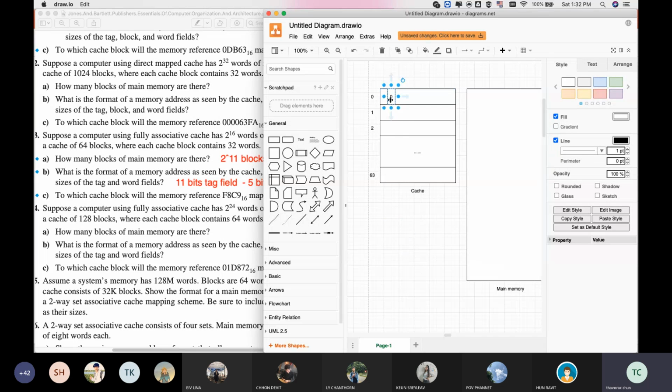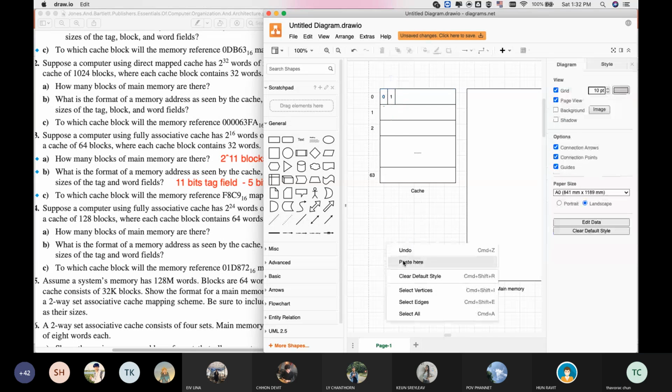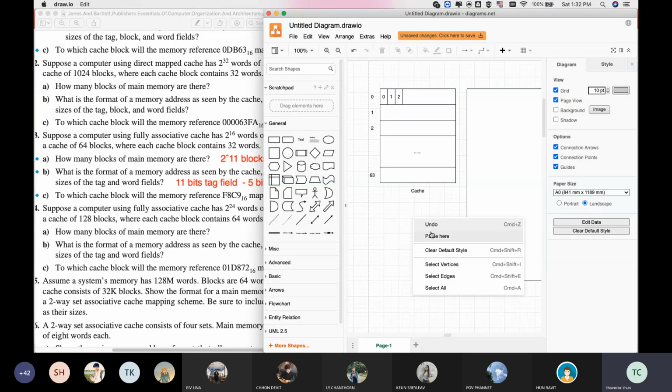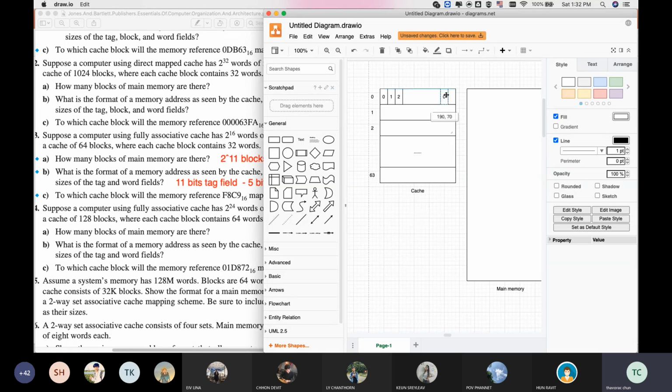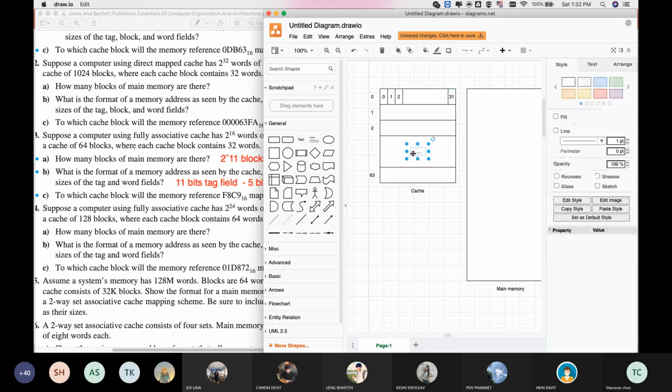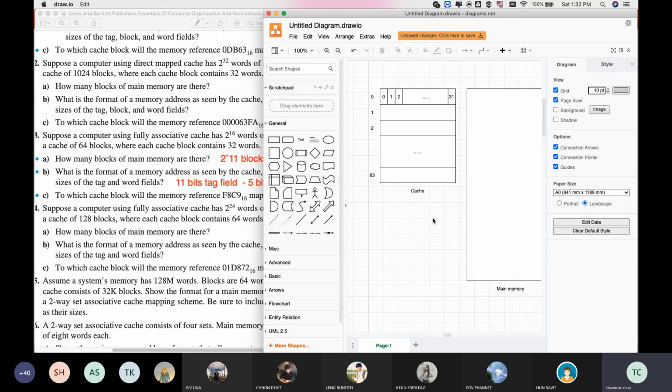Here is word number 1. Here is word number 2. And here is word number 31. Okay. So this diagram is just taken from the question instruction.